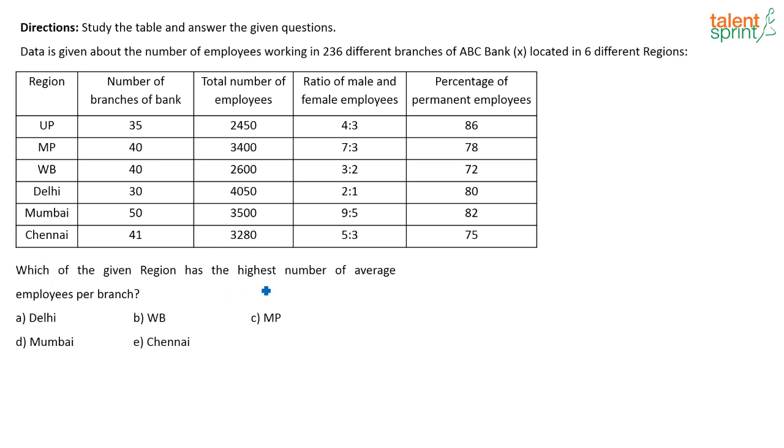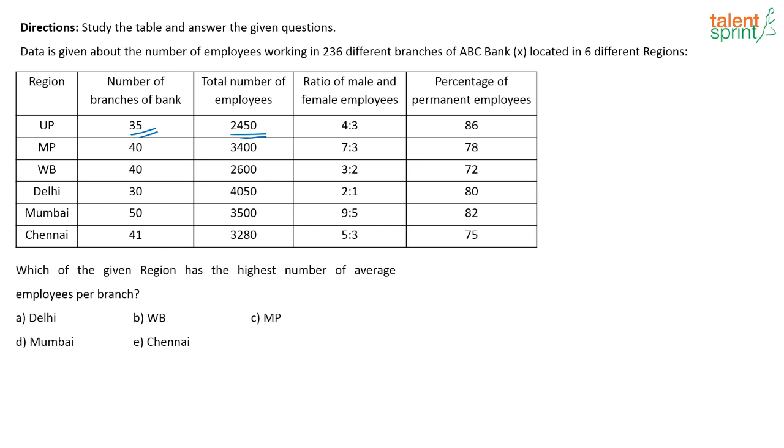Which of the given region has the highest number of average employees per branch? So how do you find the average employees per branch? See, you have a column which says total number of employees, and there is a column which says number of branches of bank. So average employees per branch is nothing but the total number of employees divided by the number of branches, correct?